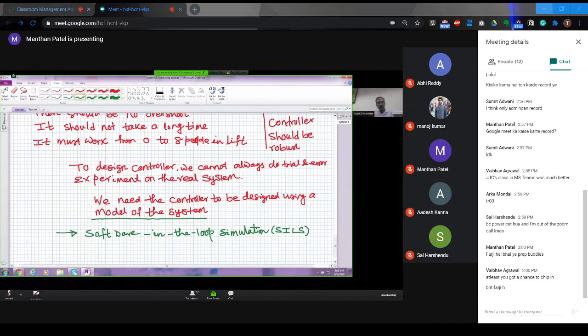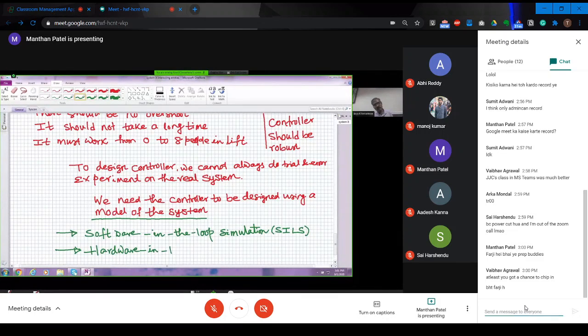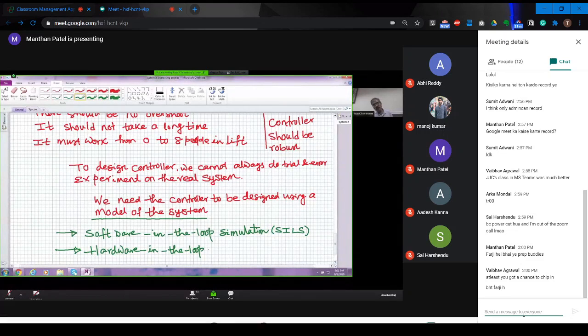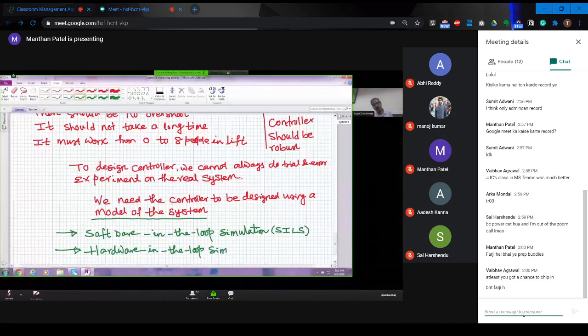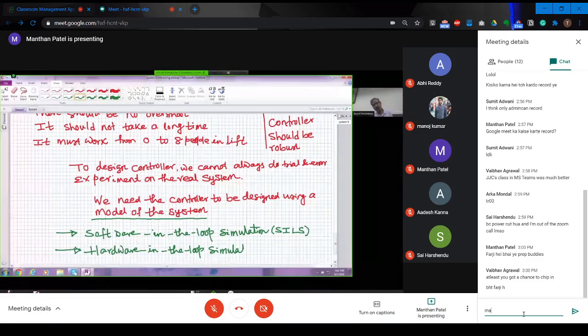And you can then extend that to make a hardware in the loop simulation, which is called, in short, HILS.